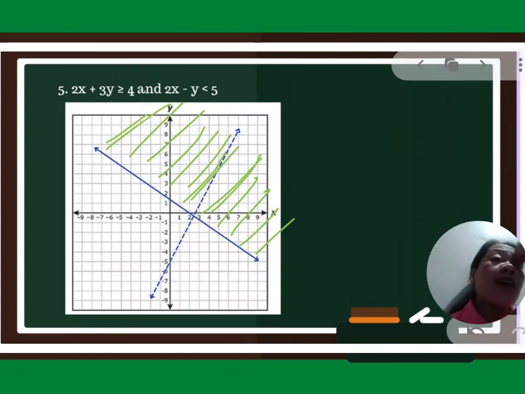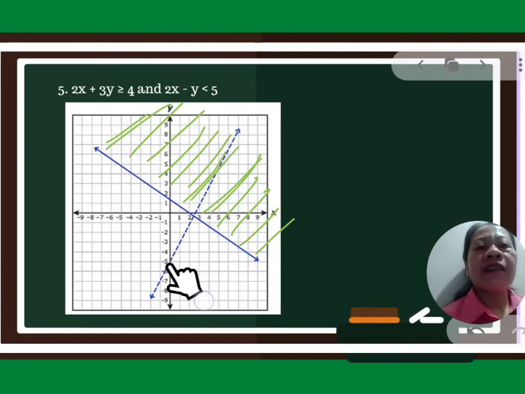Sa bandang taas. Ito naman, pangalawang inequality, ito naman po yung line niyan, that's broken line dahil less than po yung symbol. Dumadaan sa may 2 and 1/2 sa x-axis, and then dito naman sa may y-intercept, negative 5, so dumaan po dito sa may negative 5 sa y-axis.